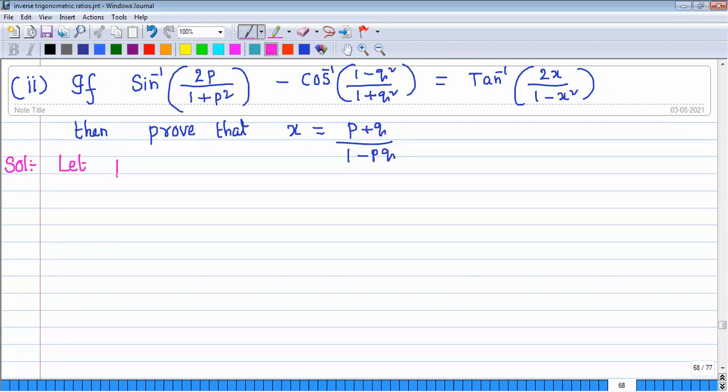Let us say p is equal to tan A, q is equal to tan B, and x is equal to tan C.